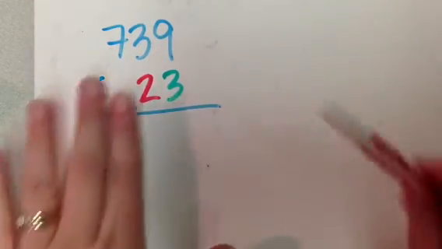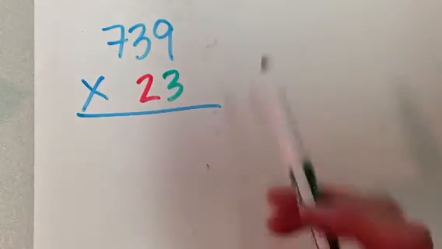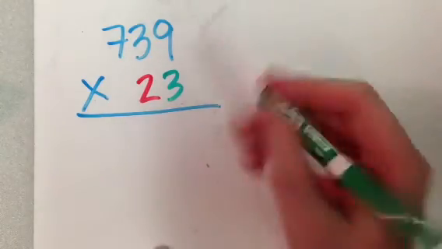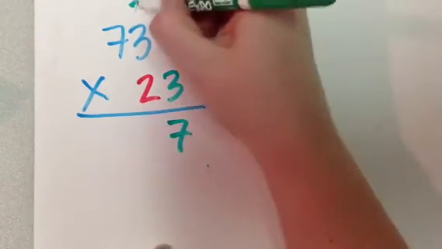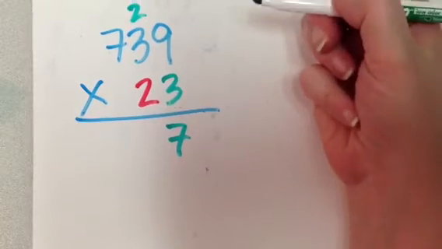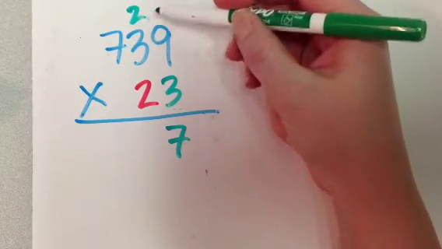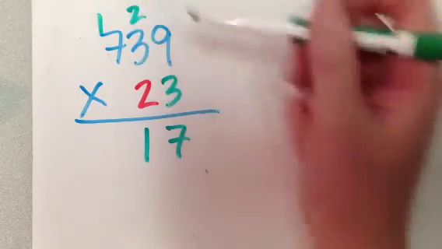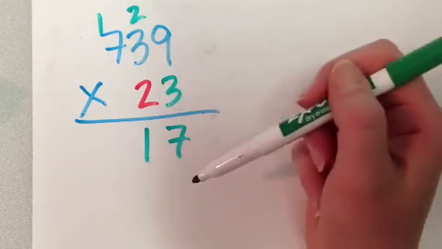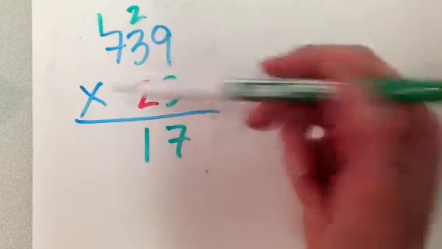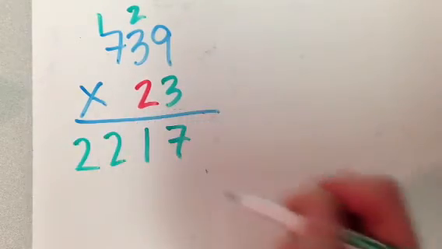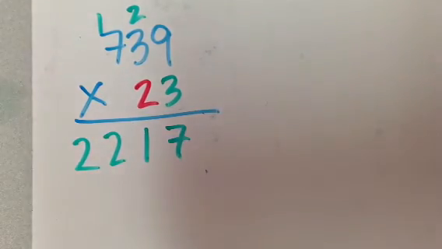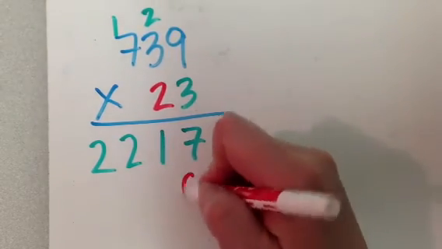So I start by ignoring the 2, right? I'm just going to deal with the 3. 3 times 9, 27, carry the 2. 3 times 3 is 9, 10, 11, carry the 1. 3 times 7 is 21, plus 1 is 22, right? We're good so far.